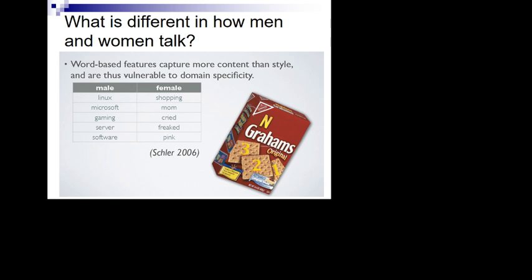But there had been some papers that claimed to get very high performance on gender prediction from these blogs. But even if you look at the list of words that were most indicative of male and female from their paper, you can see that they're really not style words, not things that really describe any differences between how men and women talk or write, but really just different things that they talk about.